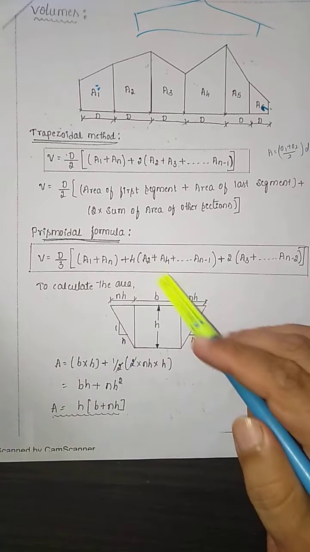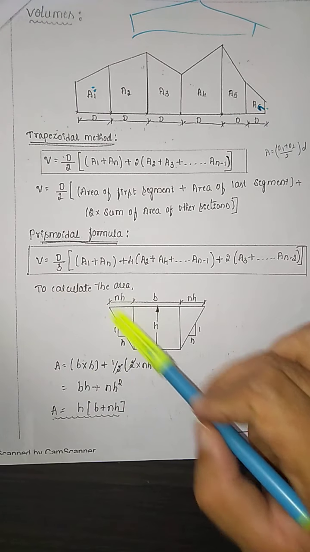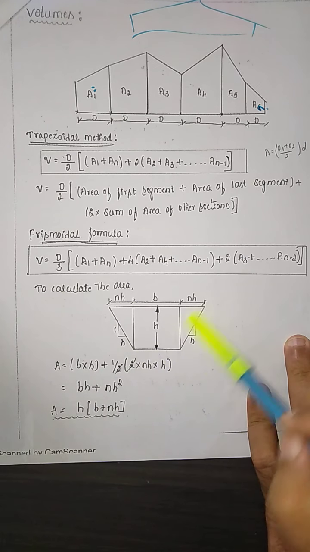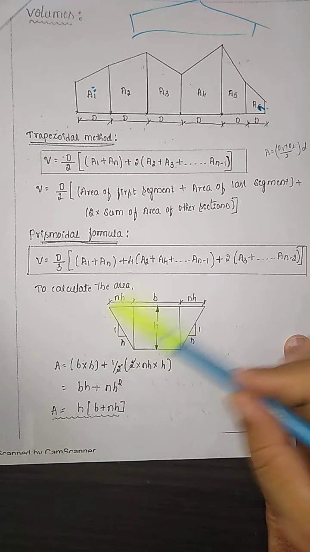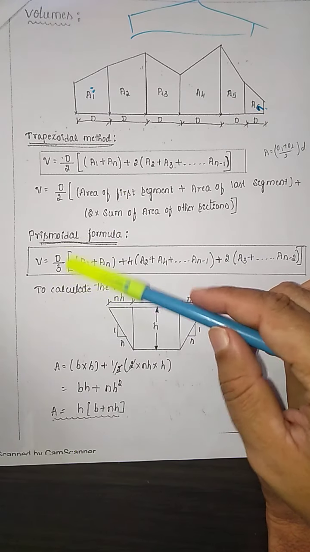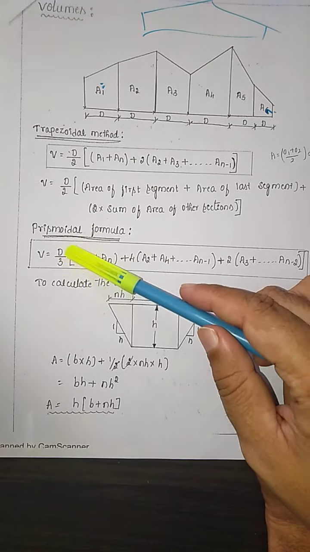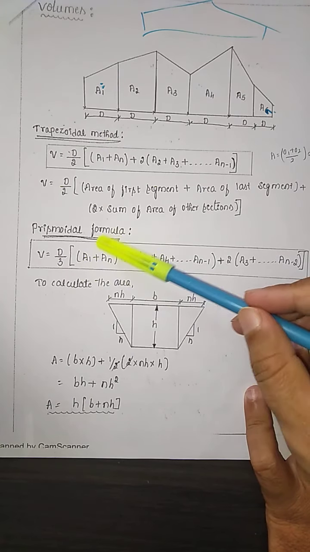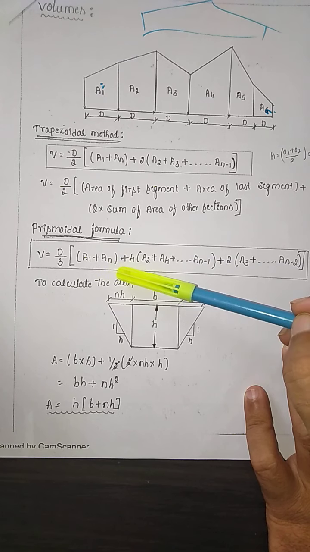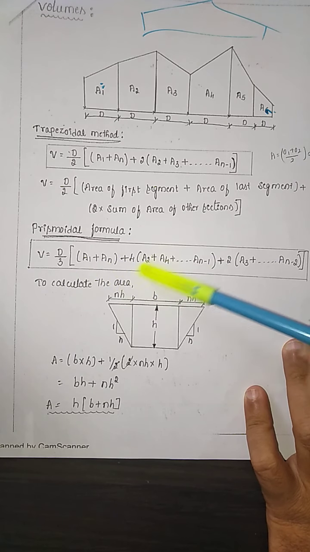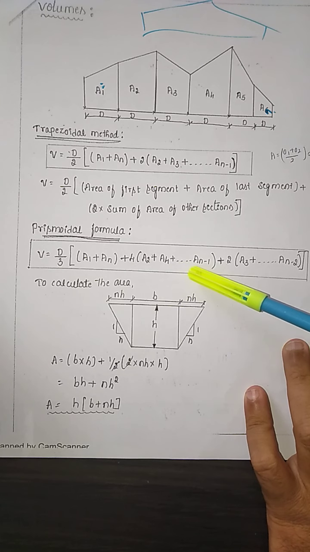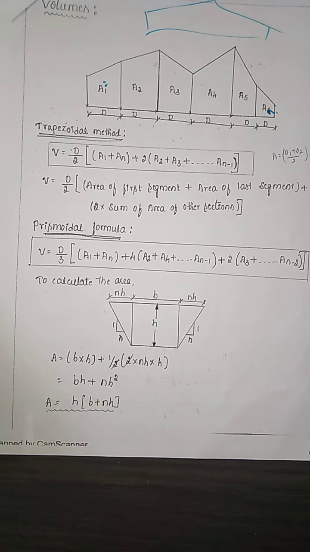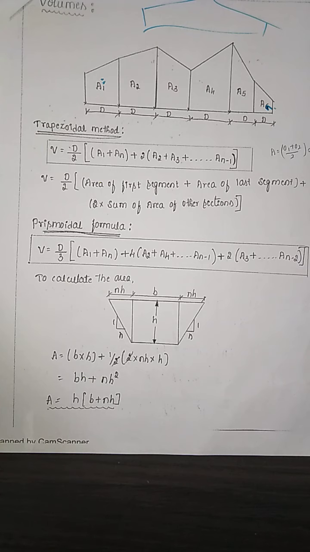The prismoidal formula we are going to use is V is equal to D divided by 3, where D is the distance, times A1 plus AN plus 4 times (A2 plus A4 plus so on up to AN minus 1) plus 2 times (A3 and the other odd areas up to AN minus 2).